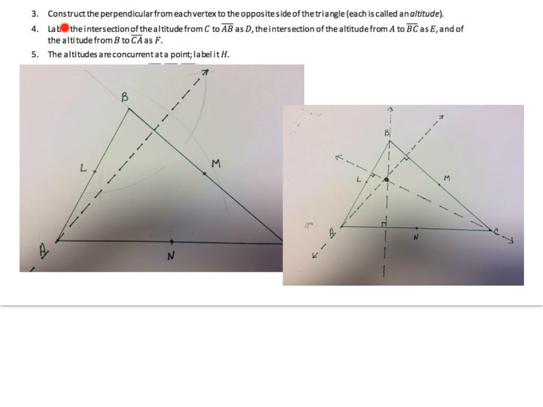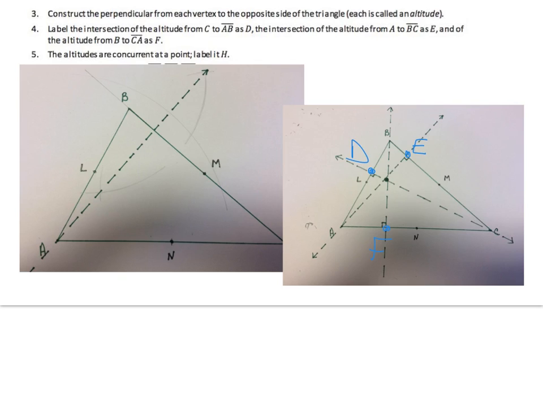Let's see, label the intersection of the altitude from C to AB as D. So this right here has to be D. The intersection of the altitude from A to BC as E, and the altitude from B to CA as F. You'll see on the next slide, these are all labeled.